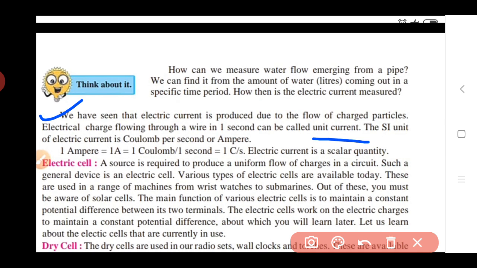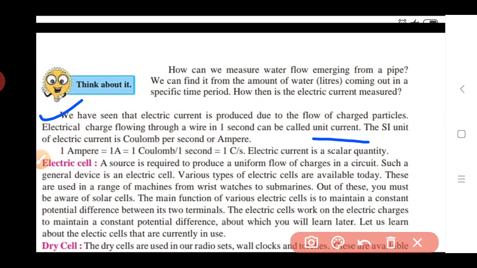If electric charge flows through the wire for how much time? For 1 second. So the amount of electric charge that flows for 1 second in a wire is called unit current, 1 unit current.